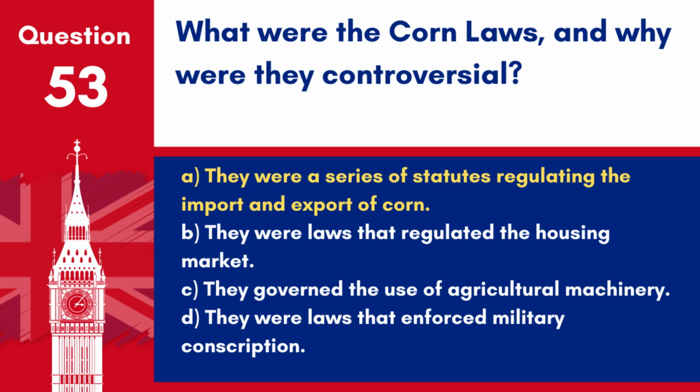Answer: A. They were a series of statutes regulating the import and export of corn. The Corn Laws, passed in the early 19th century, were controversial because they kept grain prices high to favour domestic producers, leading to widespread discontent and the eventual repeal in 1846.